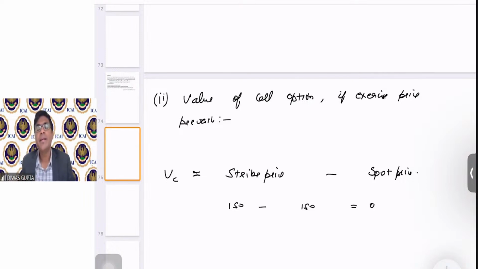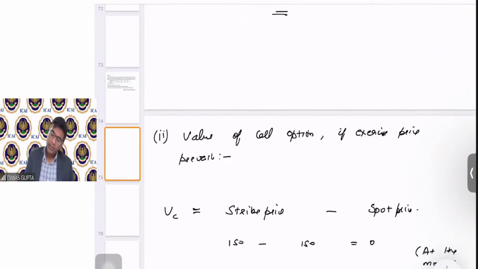So the moment the spot price becomes equal to the strike price, the value of call option will become 0. Reason being, now no one will pay for this call option because ultimately the value derived from this is 0. It has become at the money, correct? I hope students this is clear.